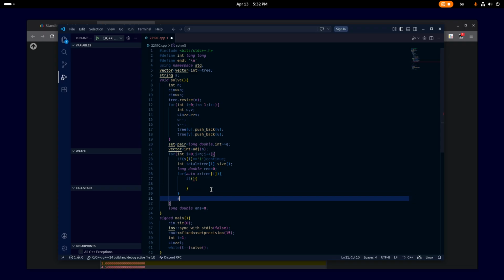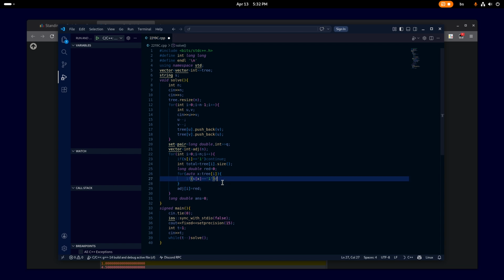Okay, and now if this one is black, red plus plus.